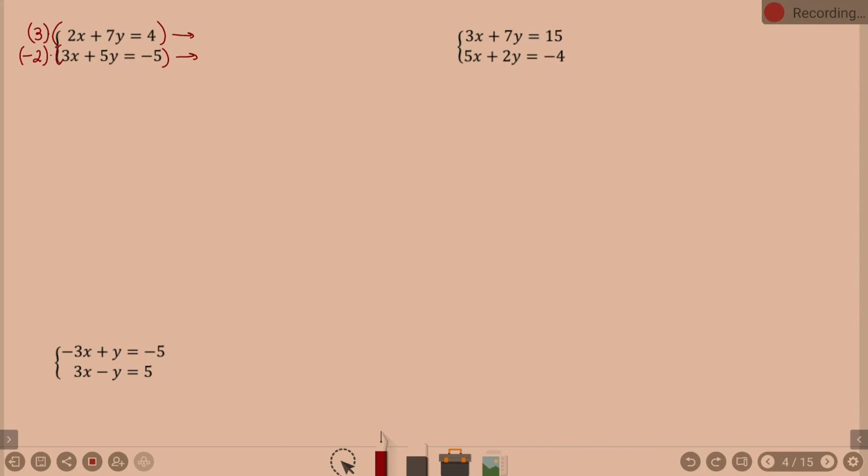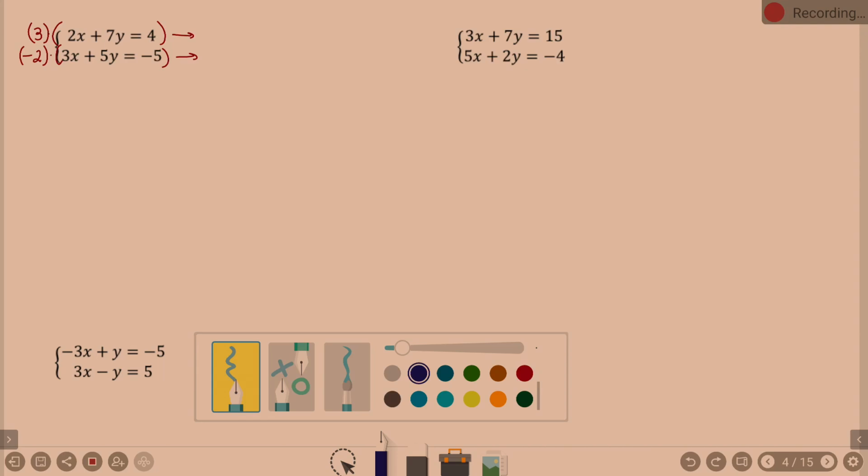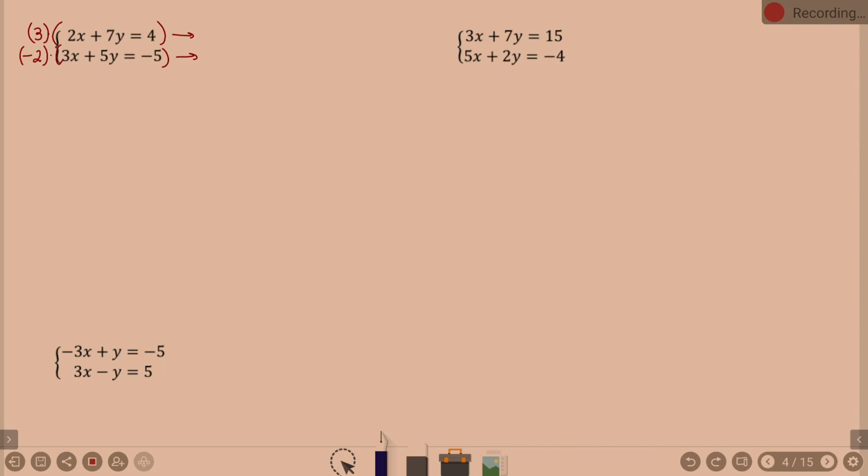What does my top equation read after I multiply by 3? 6x plus 21y equals 12. Okay.